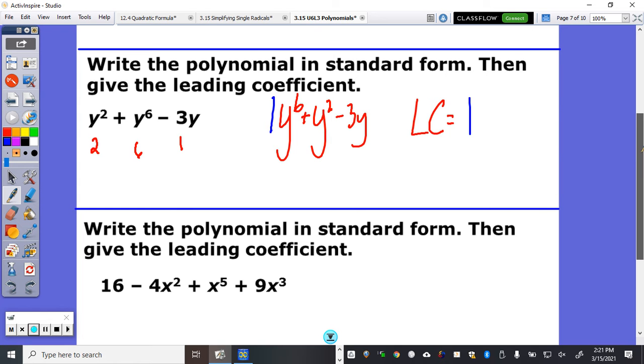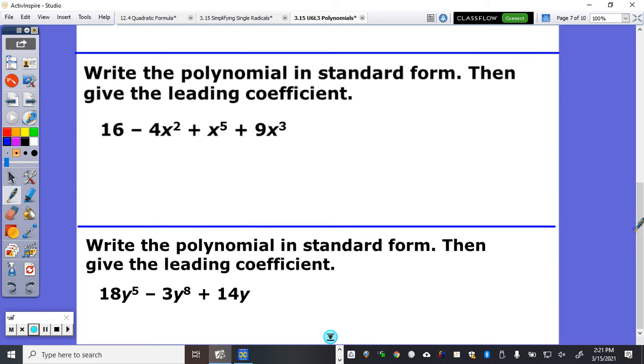We'll do one more. Okay? What goes first? Cece, what goes first? I'll help you.